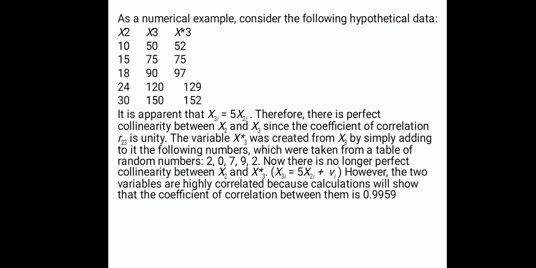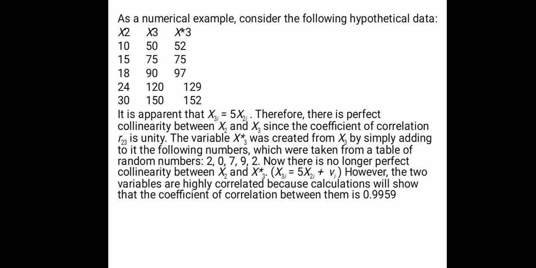So there is an exact relationship, the correlation is equal to 1. But x3 star also has a correlation, of course, but x3 star is obtained by adding some values to the x3 values. See that? It is important.